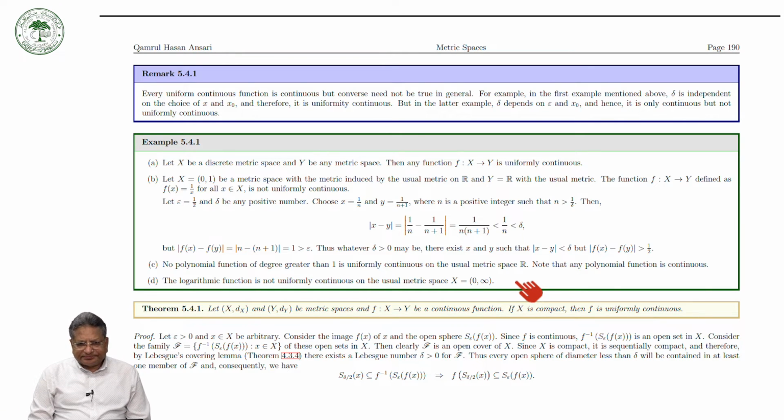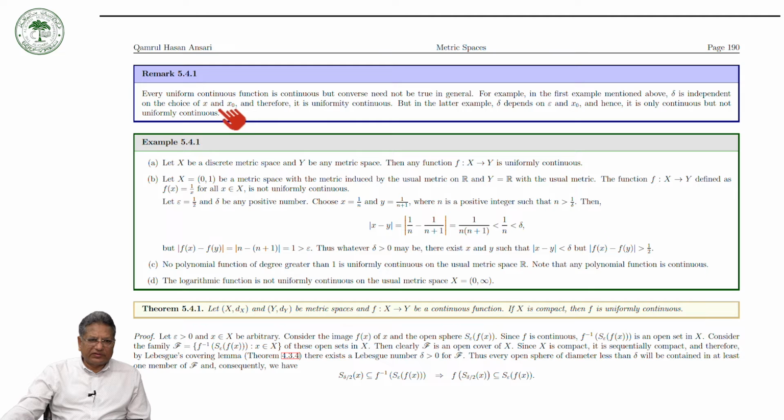Let's take a theorem which says that if f is a continuous function from a metric space X to a metric space Y, and X is compact, then f is uniformly continuous.